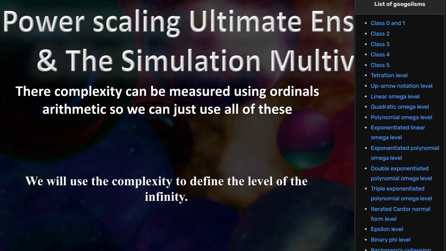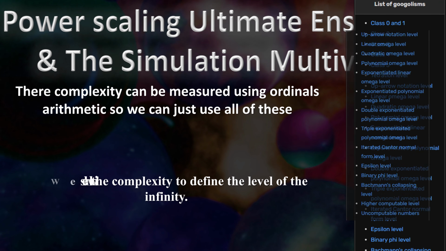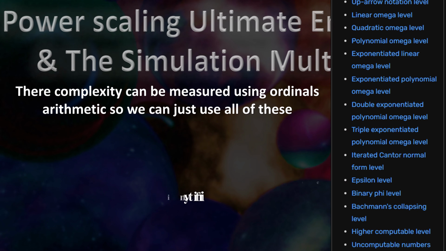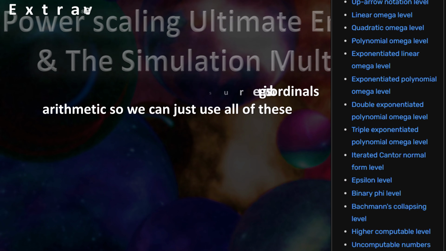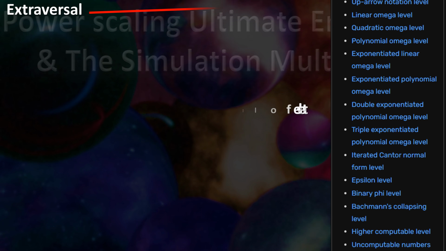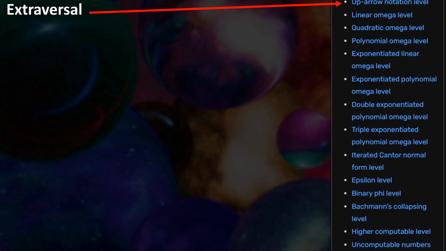We cannot use this for class 0, class 1, class 2, class 3, class 4, class 5, or the tetration level. The first one that is comparable to ordinal arithmetic is the up arrow notation level. With this, we can then say the minimum level, because extraversal only goes up to infinity, would therefore be at the up arrow notation level.